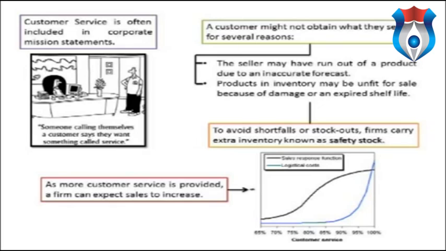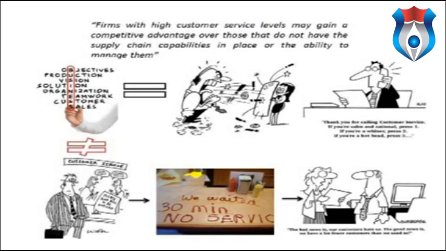To avoid shortfalls or stock outs, firms carry extra inventory known as safety stock. As more customer service is provided, a firm can expect sales to increase. Firms with high customer service levels may gain a competitive advantage over those that do not have the supply chain capabilities in place or the ability to manage them.